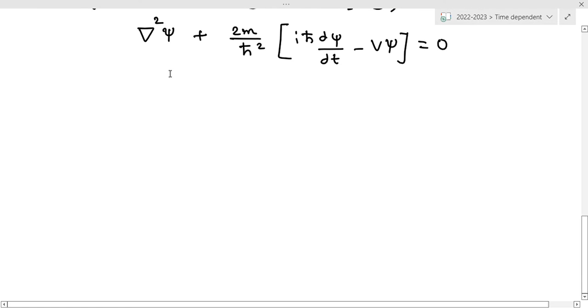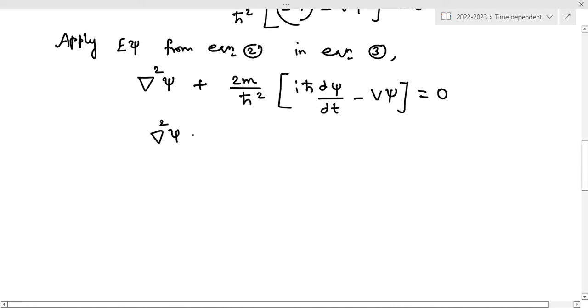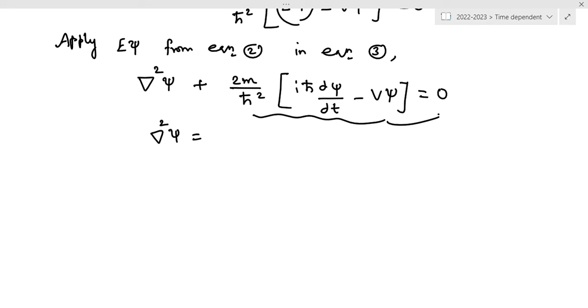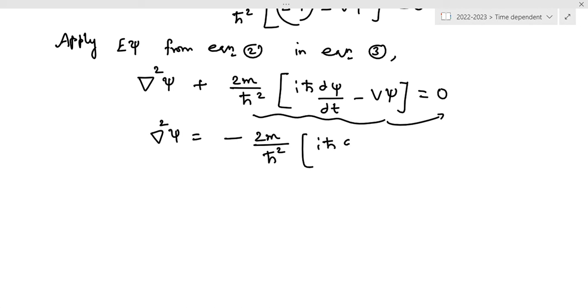Here we are going to rearrange the equation. That is, del square psi is equal to, taking the whole second term over the other side, minus 2m by h cross square, i h cross dou psi by dou t minus V psi.